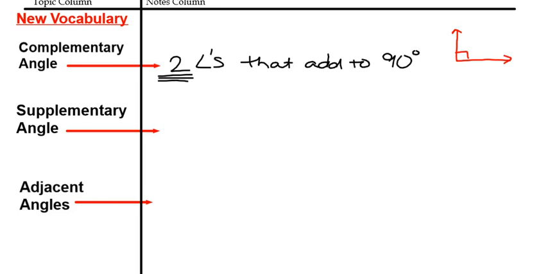And the answer is no, because that is only one angle. But if I take that and divide it up into 2 angles, now I have complementary angles. I have the first angle and I have the second angle, and together they make 90 degrees. So complementary angles are 2 angles that add to 90.